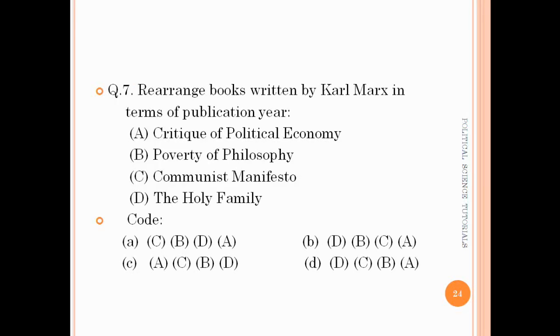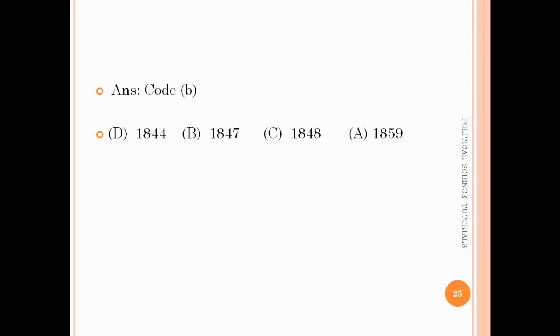Question number 8. The famous thinker Karl Marx, and you have to arrange the books written by him in terms of publication year. Critique of Political Economy, Poverty of Philosophy, Communist Manifesto, The Holy Family. The Holy Family was written in the year 1844.